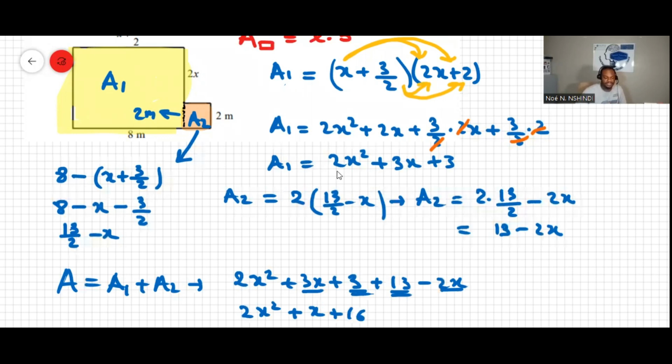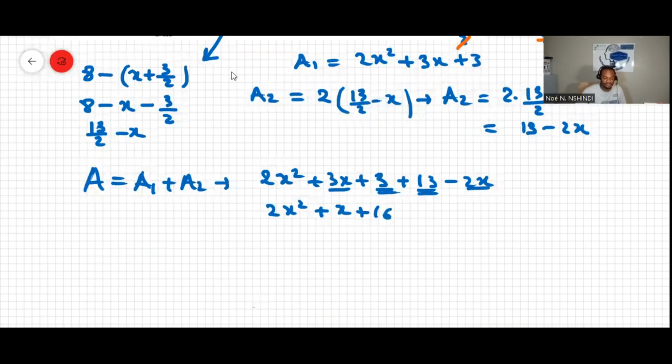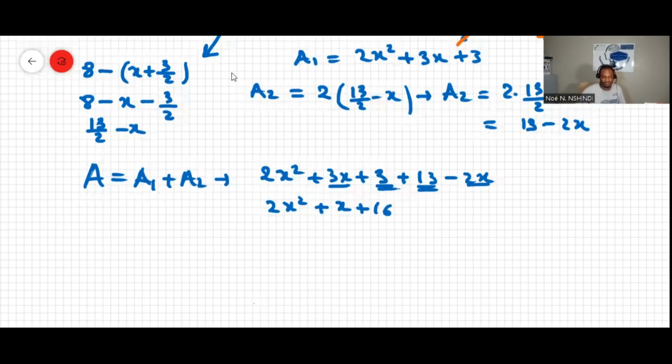Now, the question says that the total area is just 43 meters squared. So in this case, we are going to equate it to 43 meters squared.